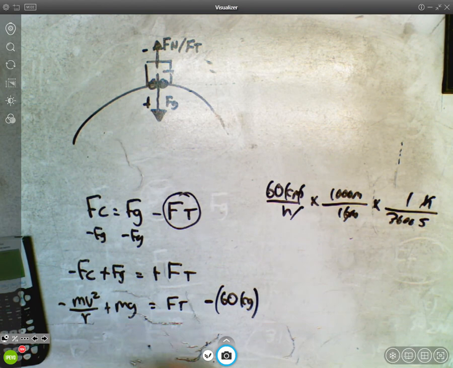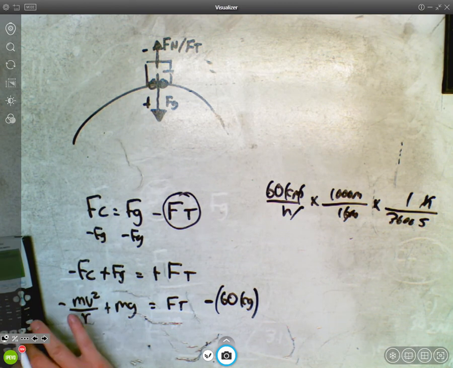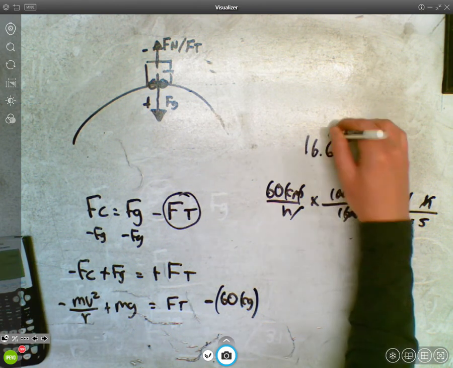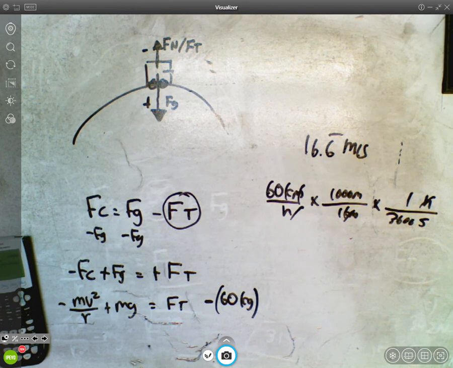So hours cancel out. So 60 times 1,000 divided by 3,600. So we get 16.6 as our speed. So 16.6 repeated is our speed in meters per second, what we need.